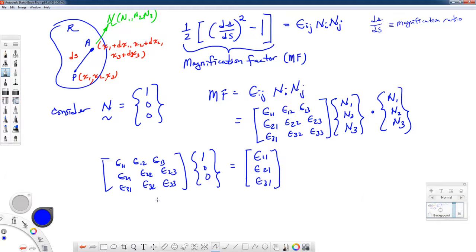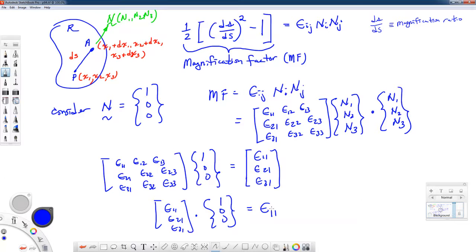And now we're going to take that vector and dot it with our unit vector again. And what we get then is simply one term in this expression, epsilon 1, 1.